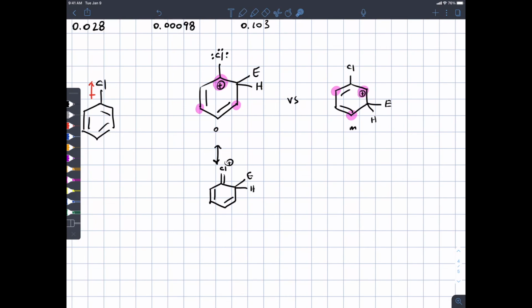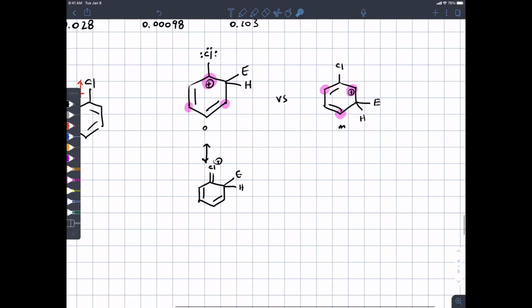Notice both of these have electronegativity problems, right? Both of them have chlorine adjacent to a ring that has a strong electron deficiency. So they're both equally bad in that way, but there is no such resonance structure for the meta. There's no way to delocalize the positive charge any more than it is here.